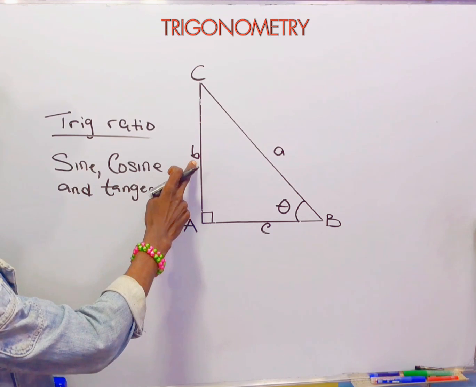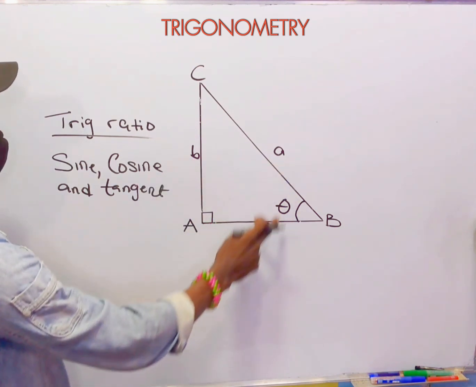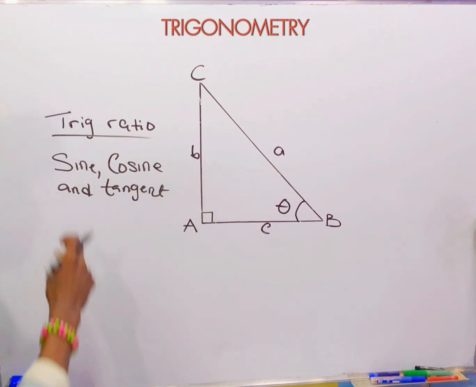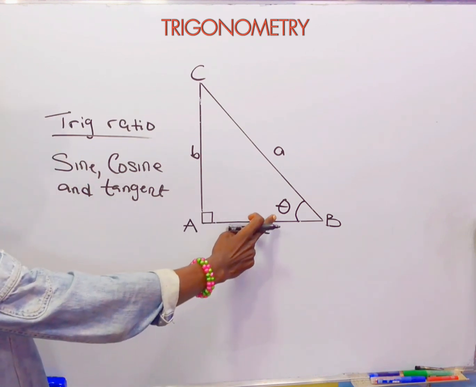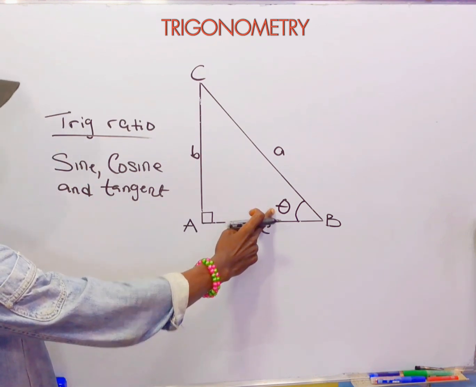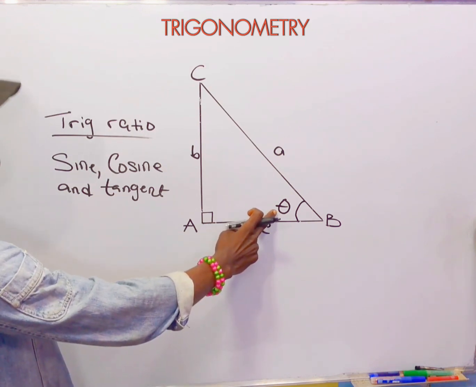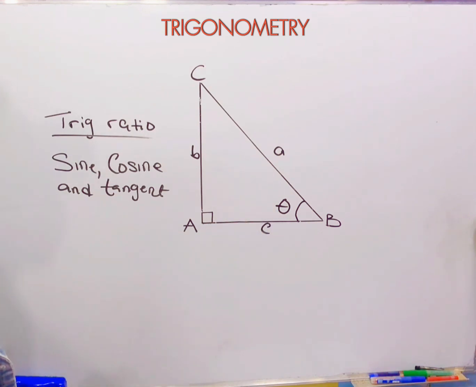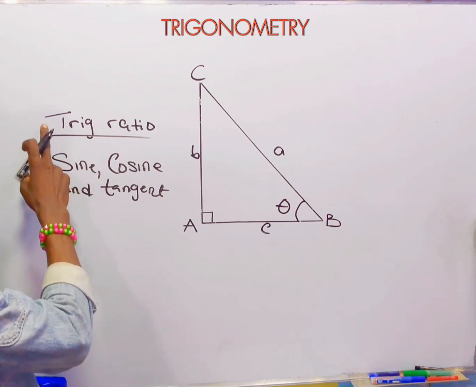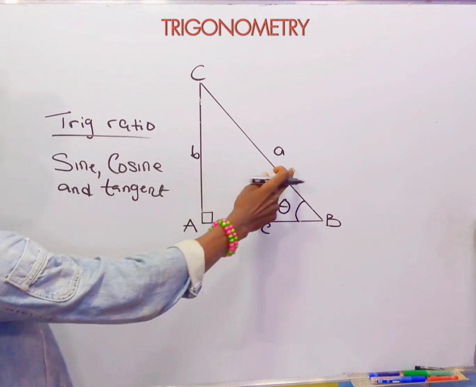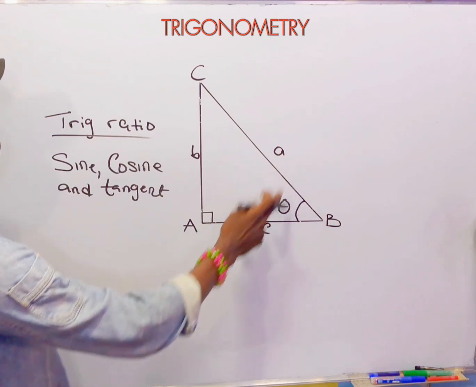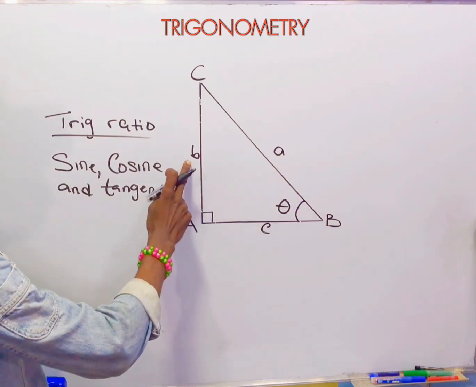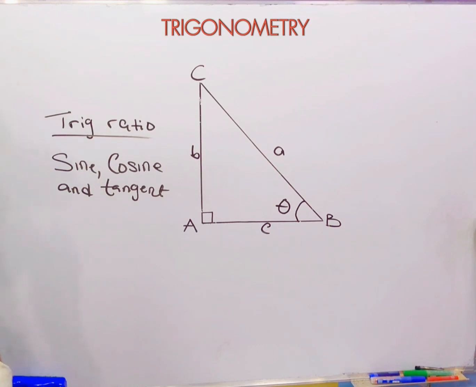To find either side B, A, or C, we could use the trig ratio, provided we have our angle theta. Or to find angle theta, we could also use trig ratio, provided we have two of these sides, either C and A, or C and B, or B and A.